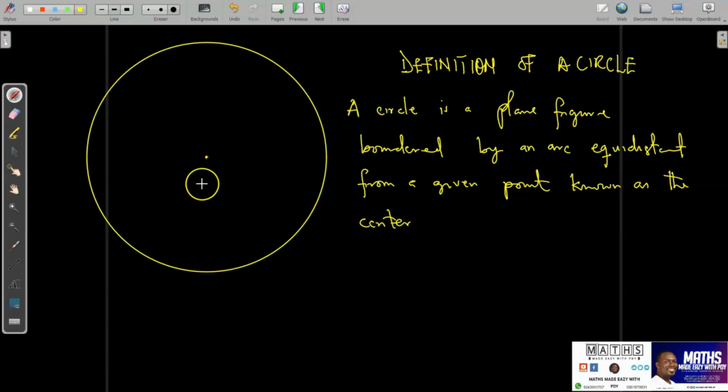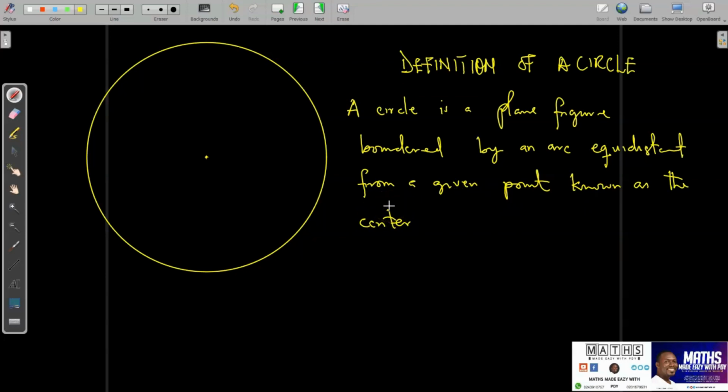Yes, this is how you can define what a circle is. It's simply a plane figure bounded by an arc equidistant from a given point known as the center.